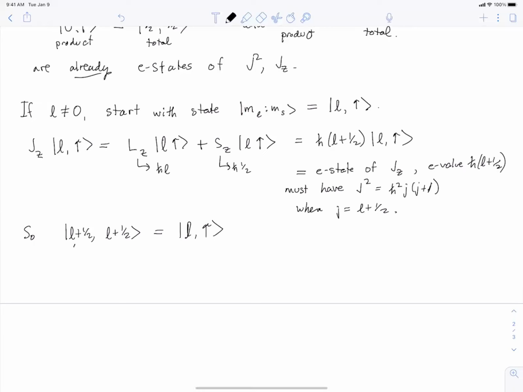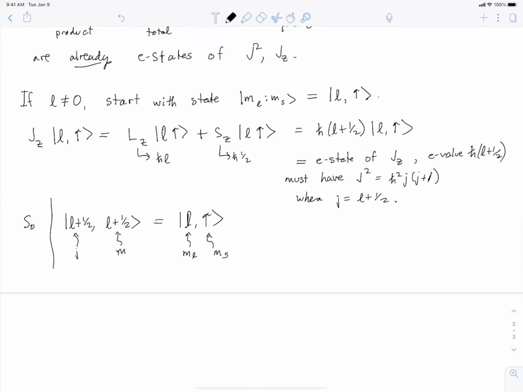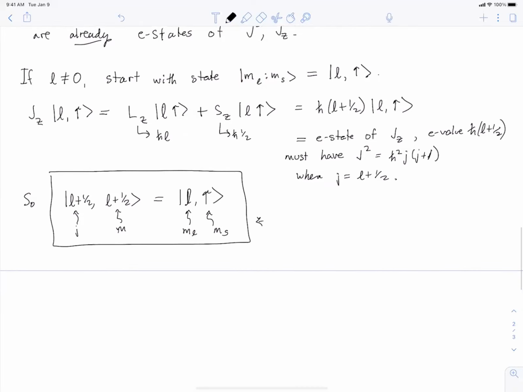This is J, this is M sub J, or just M. This is M sub L, and this is M sub S. So we're done with one state out of all the 4L plus 2 states. And now we're going to use this to construct all the others.